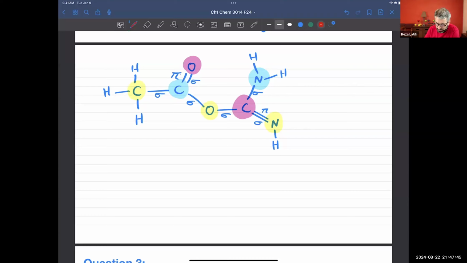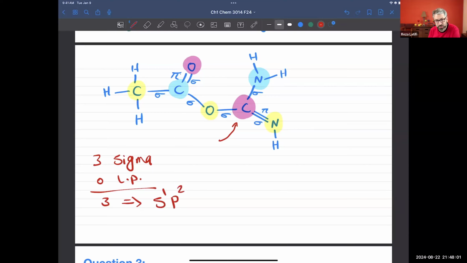So the hybridization for this carbon, because you got 3 sigma and 0 lone pair, will be sp2 (S1, P2), and both electron and molecular geometries will be equal, trigonal planar.